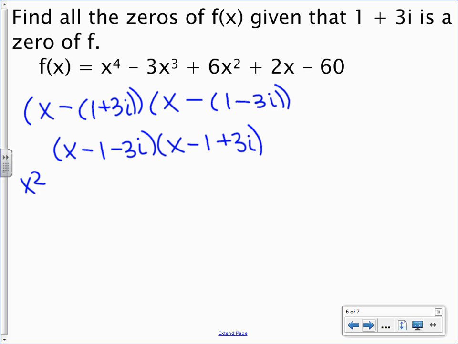X times negative 1. X times 3i. Okay? Negative 1 times x. Negative 1 times negative 1. And negative 1 times 3i. Then we have negative 3i times x. Negative 3i times 1.